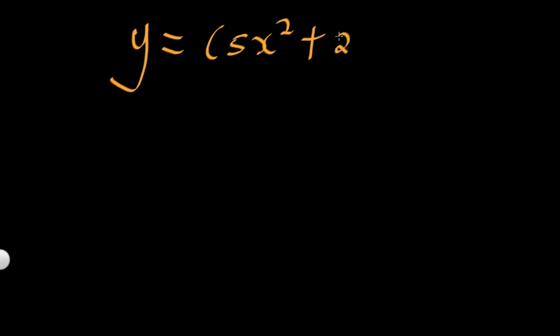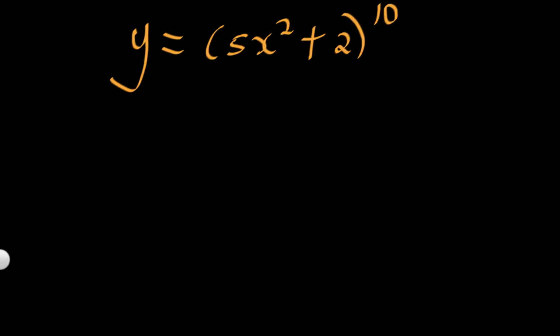In the chain rule, we have y equals (5x squared plus 2), all to the power of 10.